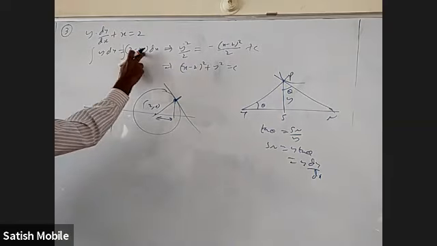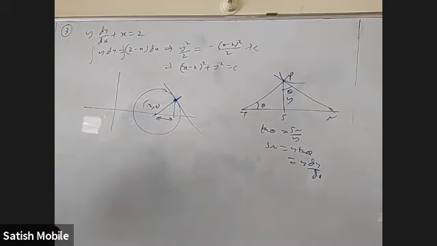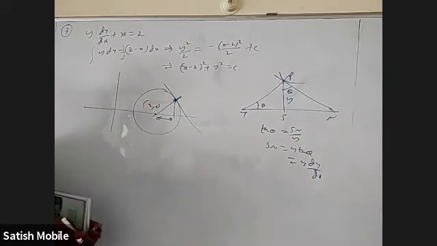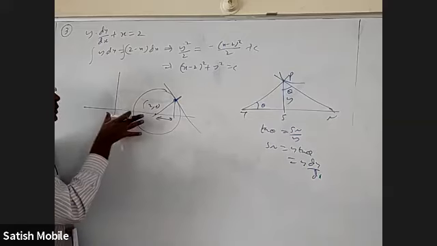I took minus common and the integral of x minus 2 is (x minus 2) whole square by 2. This length is 2.